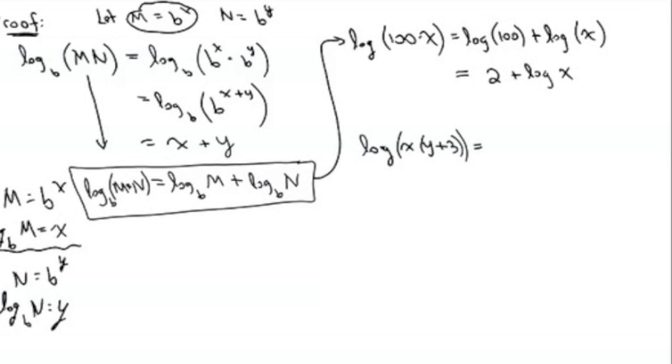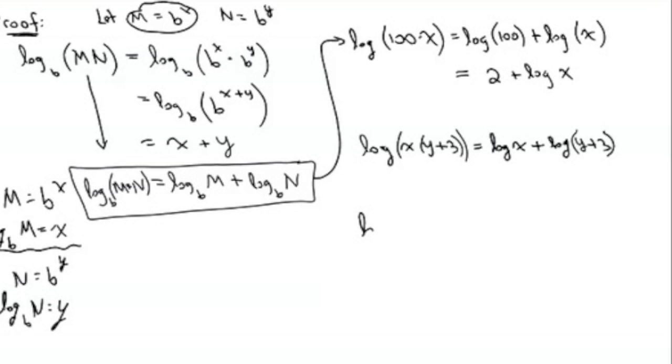So this y plus 3 is irrelevant. That's a single number, y plus 3. So it's log of x plus log of, and you have to keep it in parentheses, y plus 3. It's the best you're going to get out of it. You cannot separate log of y plus log of 3. That doesn't make any sense.